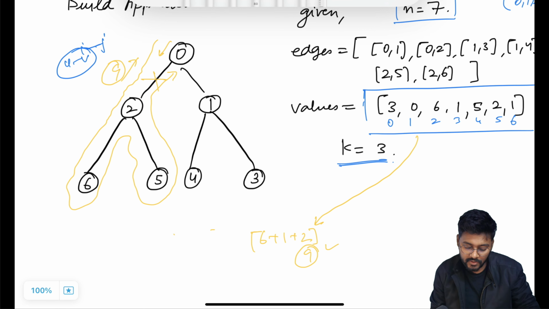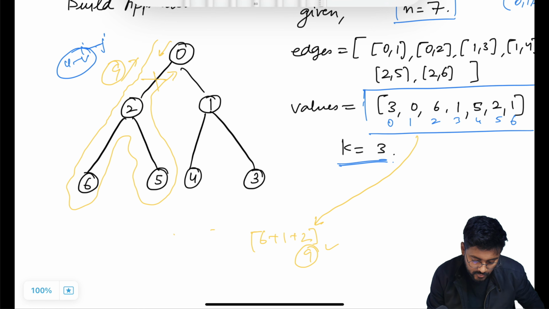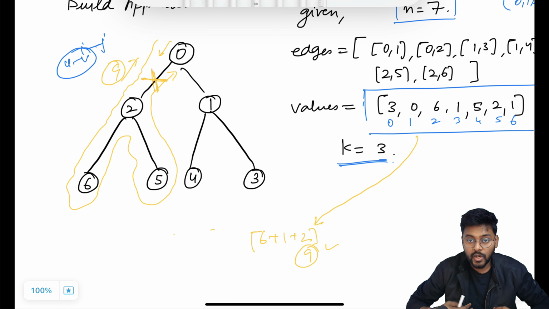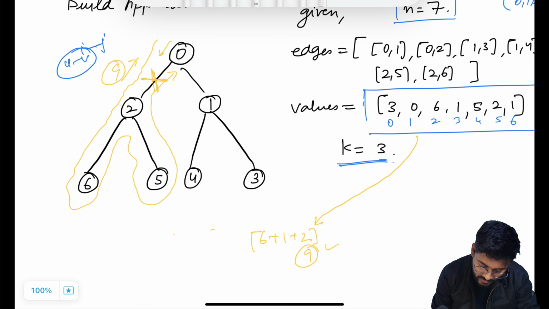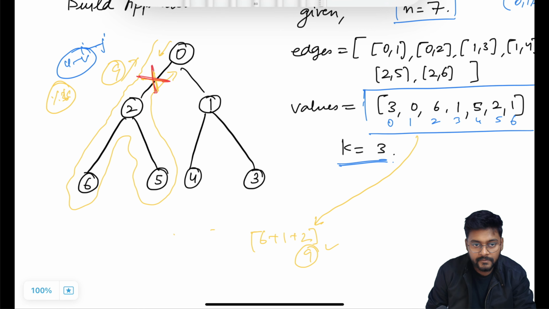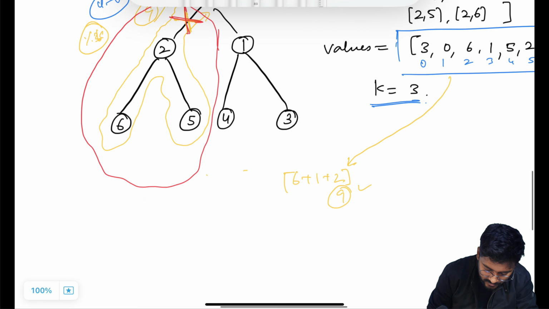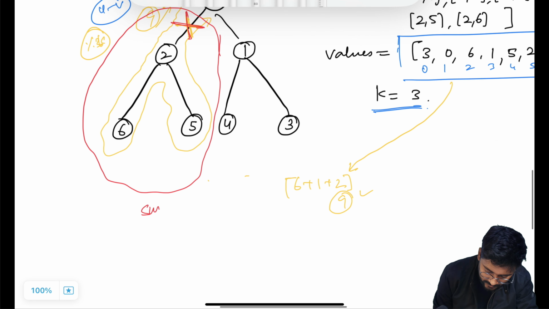If node 2 somehow says that the sum of the subtree starting with me is equal to 9, then 0 will be able to decide whether it has to cut this edge or not, because 0 has the right to cut it. If it is divisible by k, then 0 will directly cut this edge, and from the left side it can consider the sum, which was 9, divisible by k.